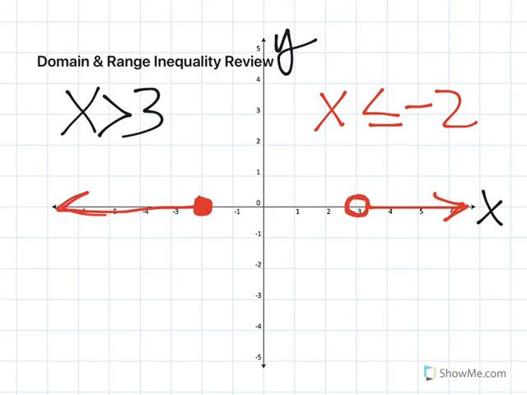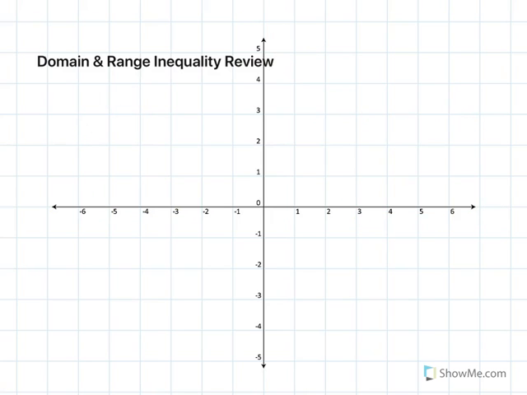So if I give you a line segment, something like this. It's an ugly filled-in circle, but that's on 4. How would you write that?